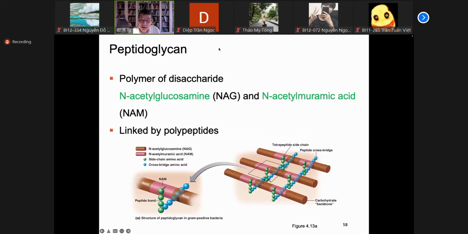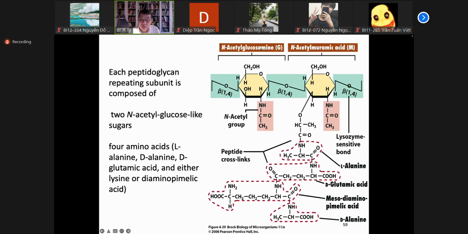N-acetyl means this is an amino sugar. The amino group is here. But this amino sugar has one acetyl group, so this is called N-acetylglucosamine. And then N-acetylmuramic acid is here.